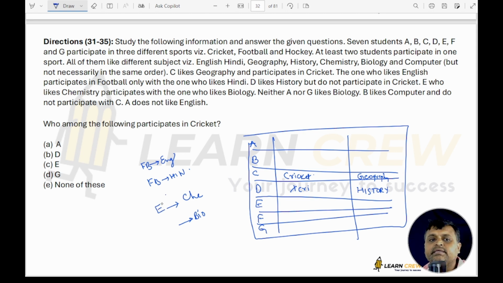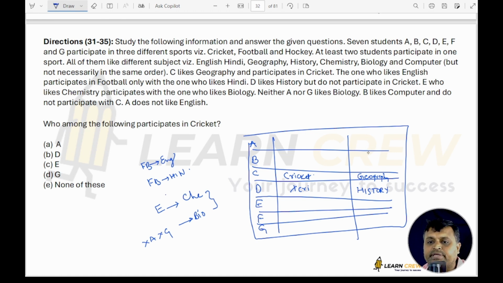E likes chemistry and participates with the one who likes biology. Neither A nor G likes biology.